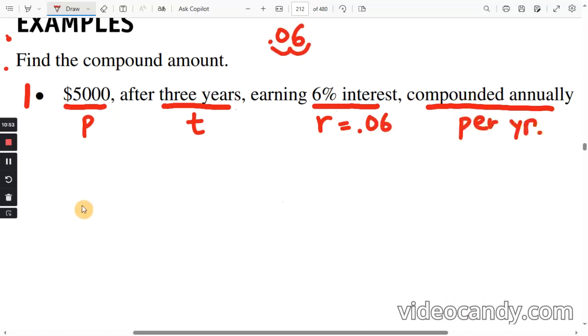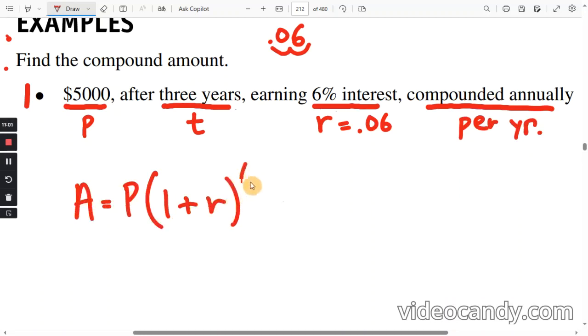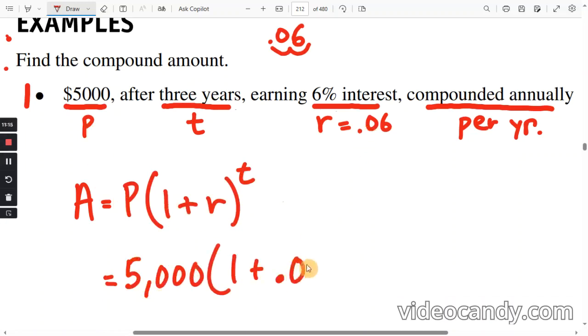All right, so using our formula, A equals the principal amount P times (1 plus R) to the power of T. The principal amount is $5,000 times (1 plus 0.06) to the power of T, and T is 3 years.